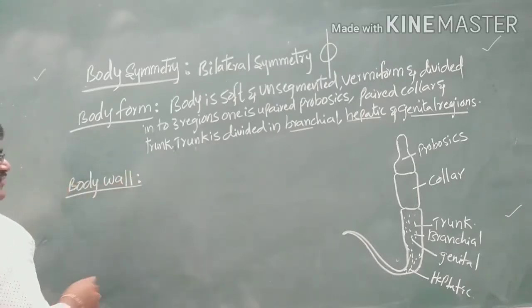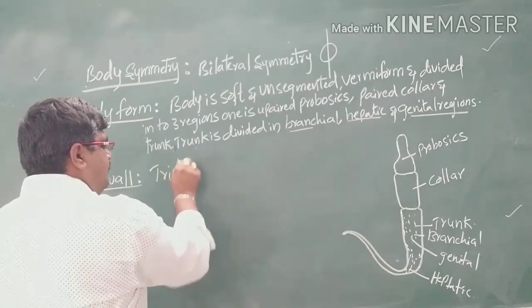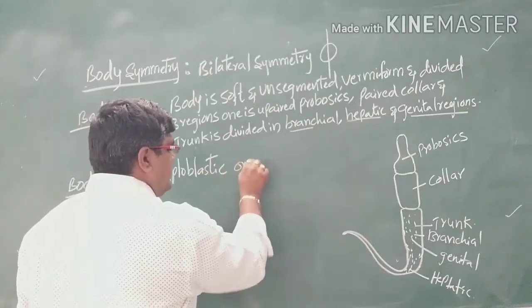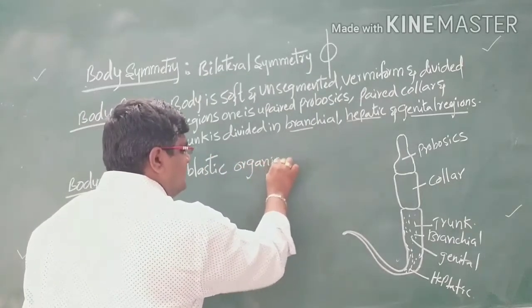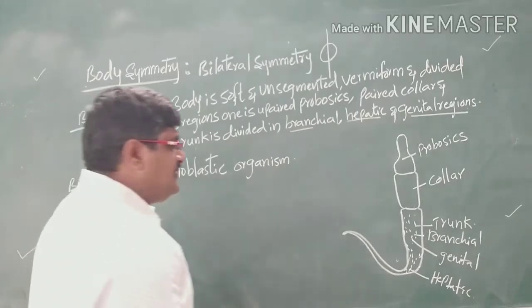Next, coming to the body wall. So here the body wall shows that these are triploblastic organisms. That means 3 germ layers are present.